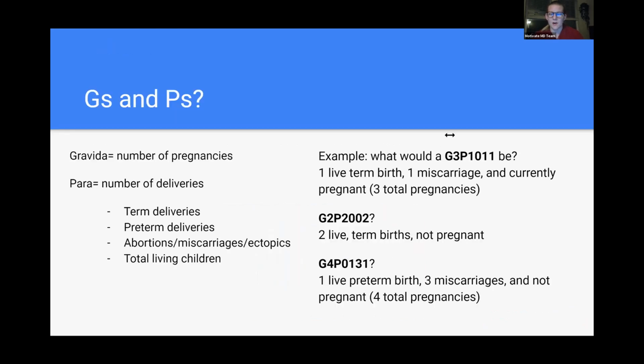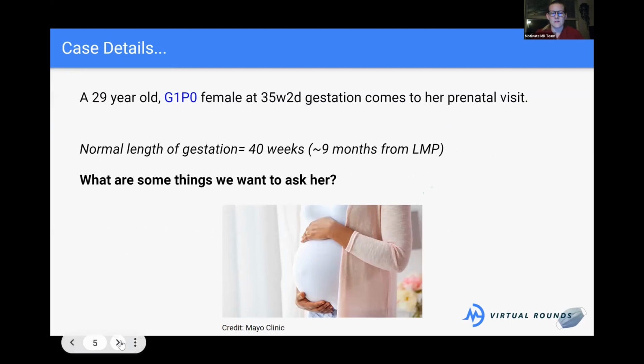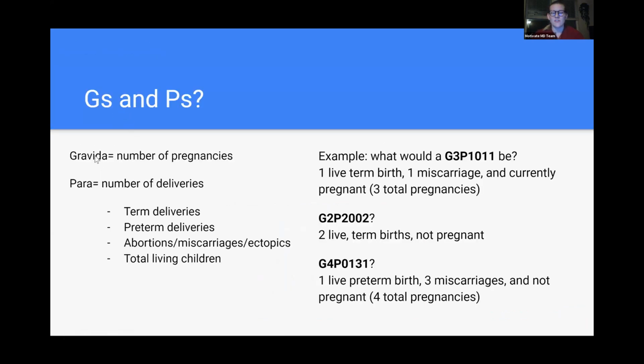So, like I promised before, G's and P's. This is a notation that's used to explain how many pregnancies a patient has had and the outcome of those pregnancies. This patient was a G1P0. G is the number of pregnancies you have, which is gravida.